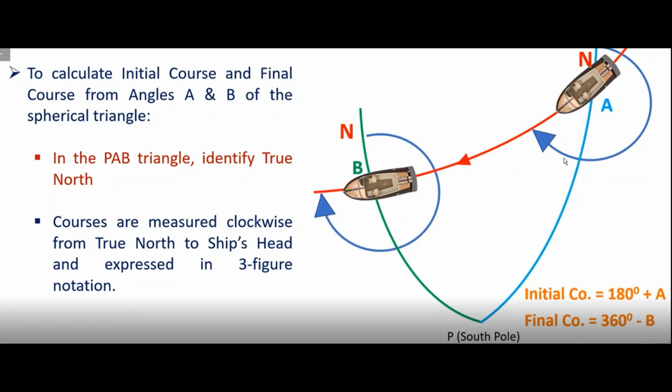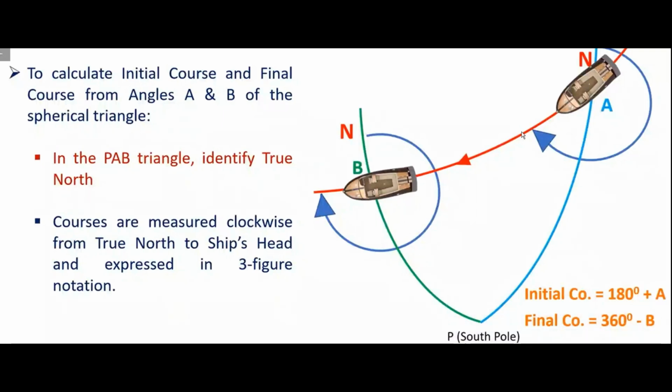And from here up to the great circle track is my angle A. So my initial course would be 180 plus angle A. So is this clear now, beta? Yes sir. Okay, very good.